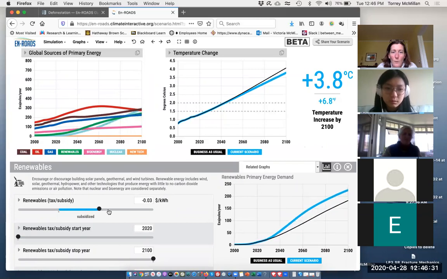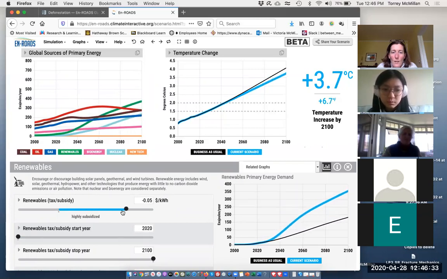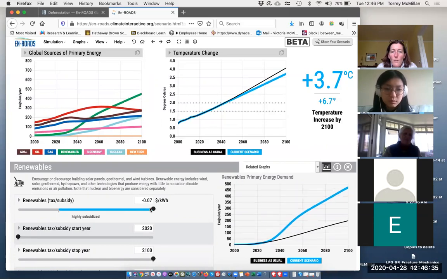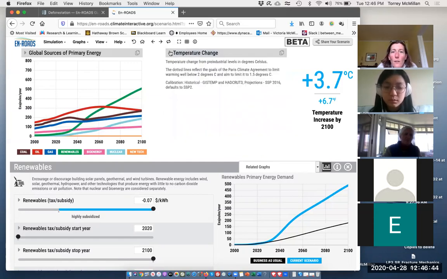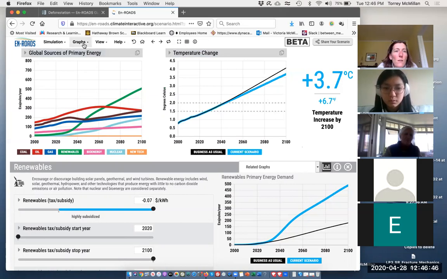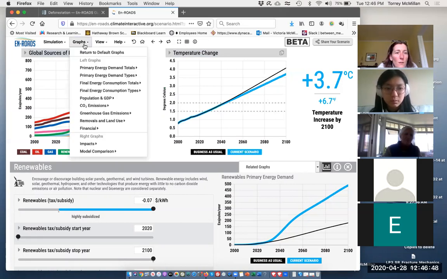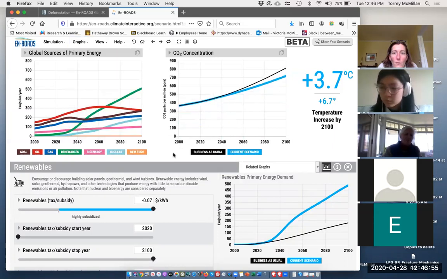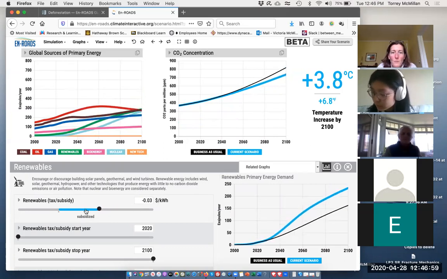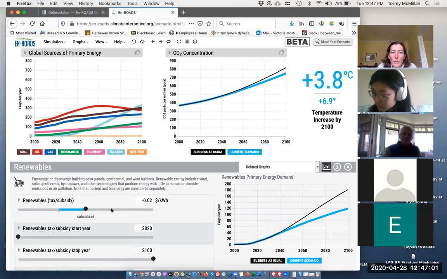Even though it's still being subsidized. So this was one of the interesting dynamics. And then in terms of our temperature change, actually, let's see if we can look at that as the impacts. Let's look at the CO2 concentration on that one too. Those two will mimic each other.